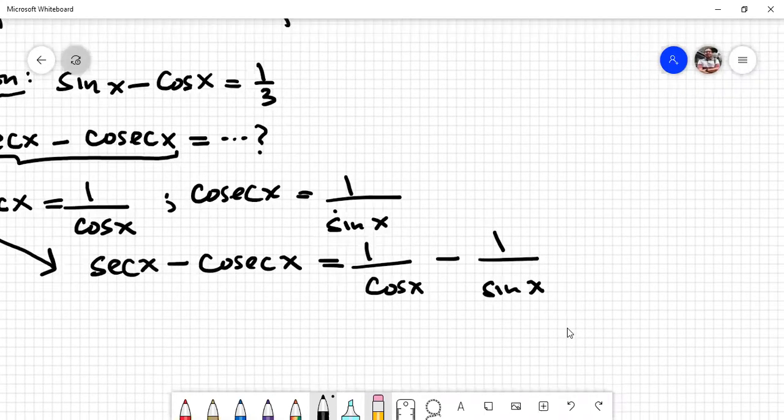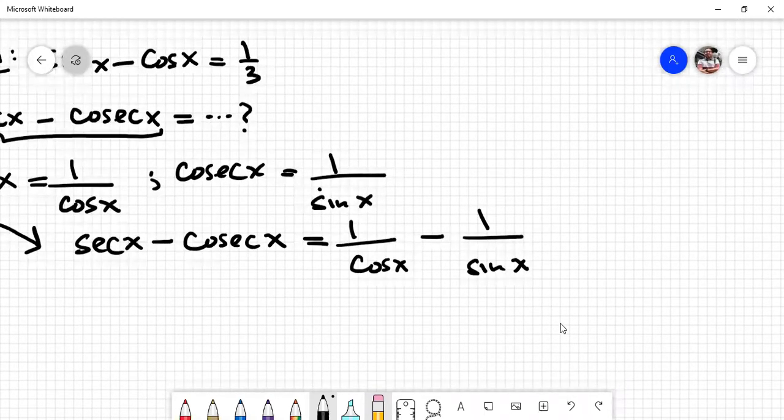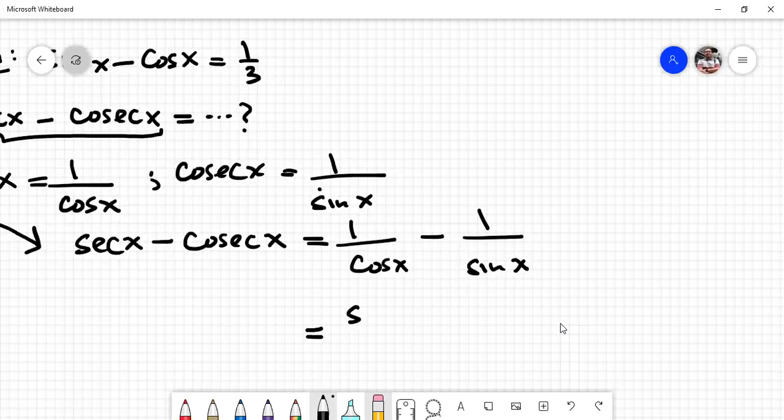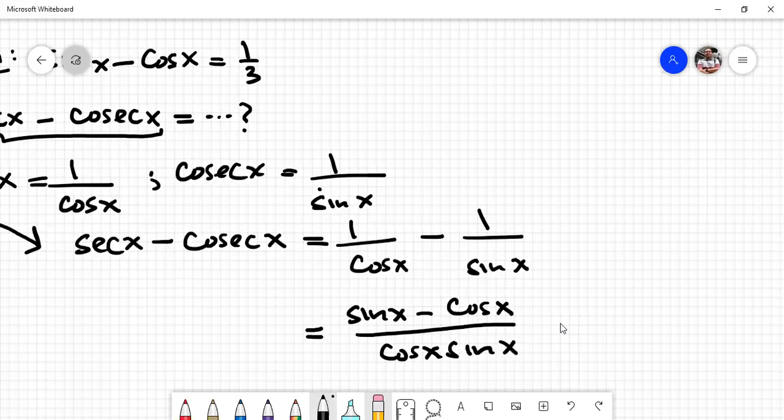After that, I make the denominator the same. So this must be sine x minus cosine x over cosine x times sine x.